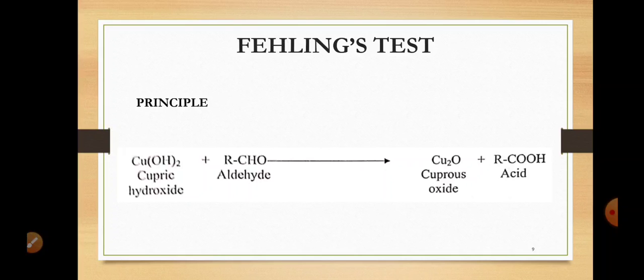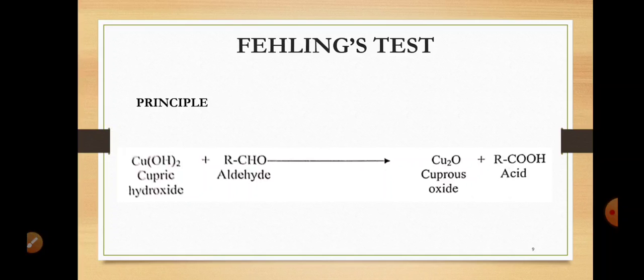This you should keep in mind. So here I have just shown you the principle again. The cupric hydroxide will be treated with the aldehyde, where the cuprous oxide is formed along with the liberation of an acid.